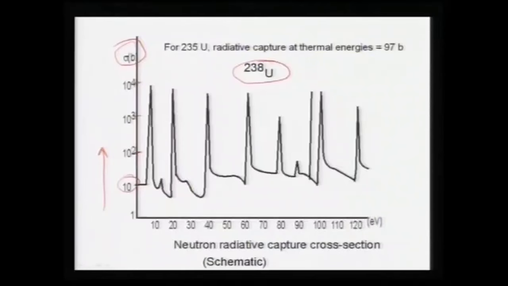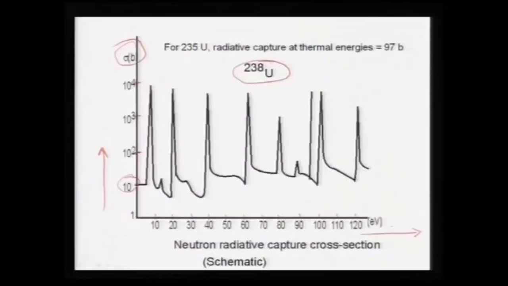So, this is the kind of scale, and on the horizontal side you have once again neutron energies, and this time it is not logarithmic, it is 10 electron volt here, then 20 electron volt, 30 electron volt, 40 electron volt, and so on. It is a linear scale, and this is 120 here.